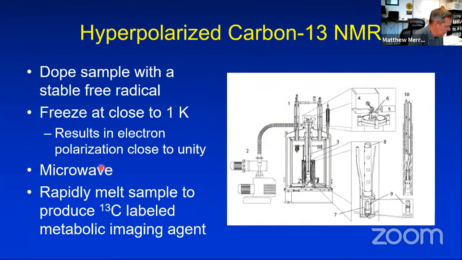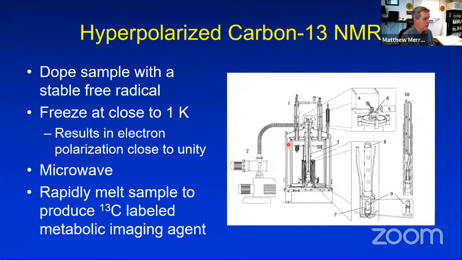And then when we put in microwaves at the electron spin resonance frequency, it transfers polarization to the coupled carbon-13 nuclei. And so that unity polarization of electrons can result in 40 to 50% carbon-13 polarization.